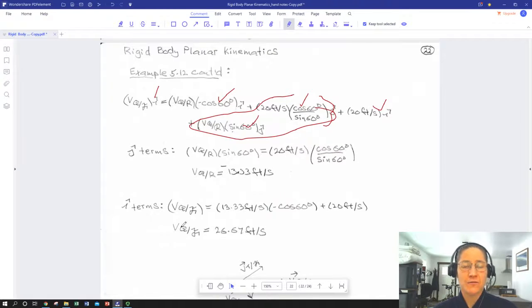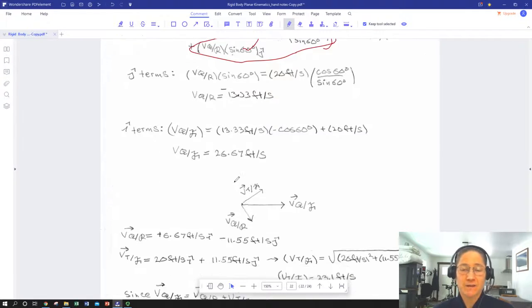And then we can solve for what we were asked for, the velocity of point Q on block B with respect to the fixed reference frame, which is 26.67 feet per second. So we can take a look at that in terms of adding up all those vectors, right? We have the vector Q sub R directed back towards the hinge along the rod.